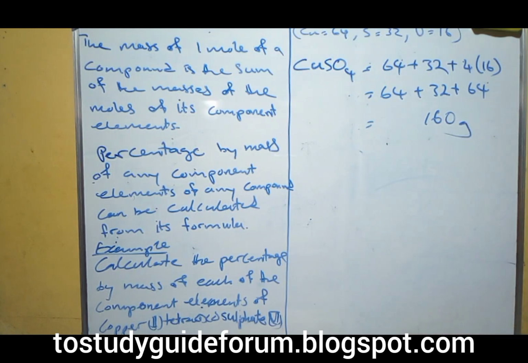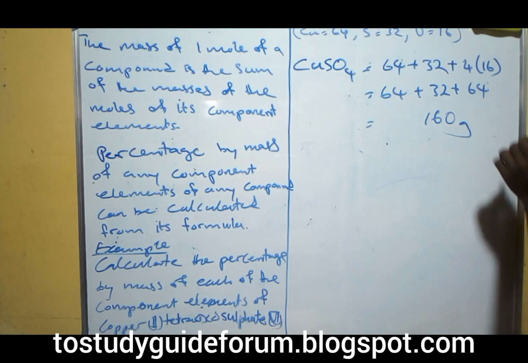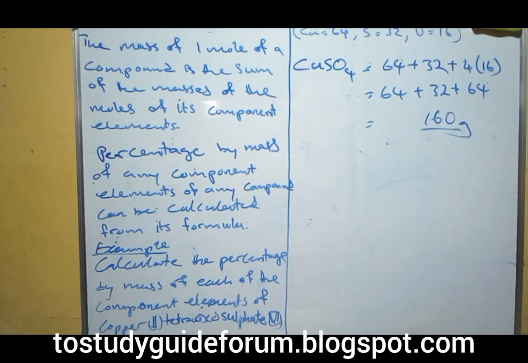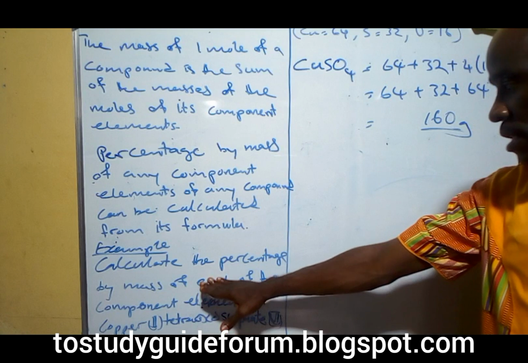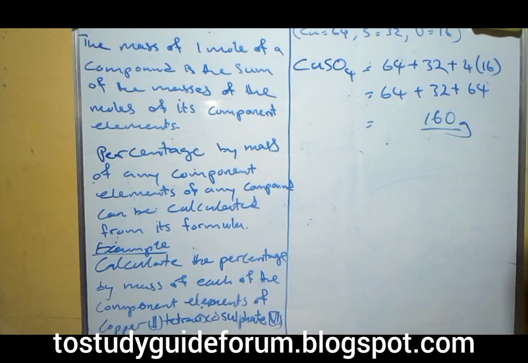That is what we have there. So now with this, the question says we should calculate the percentage by mass of each of these components. So we'll start by working with copper.